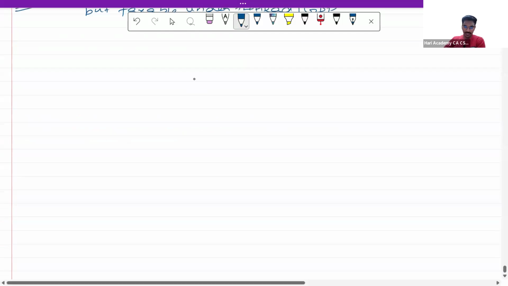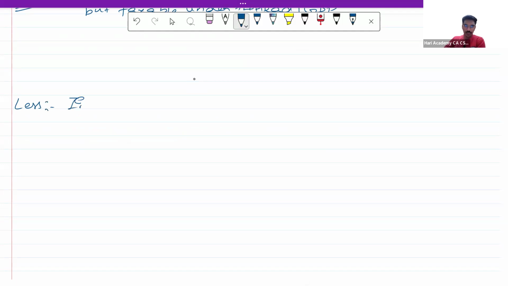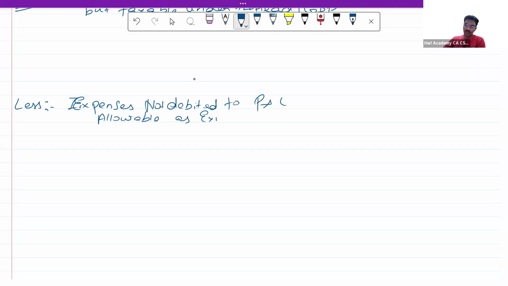Next, third is less: expenses not debited to P&L, but allowable as expenditure. This is the third, less.